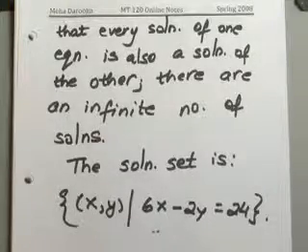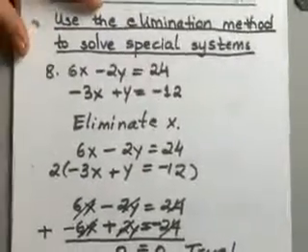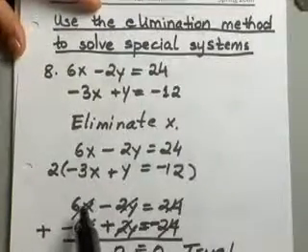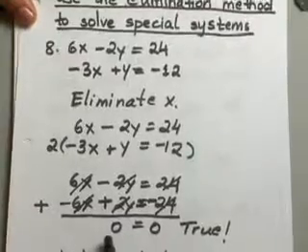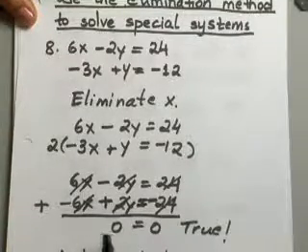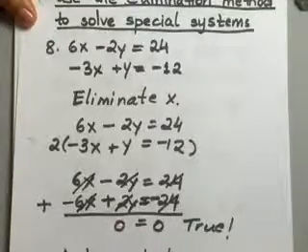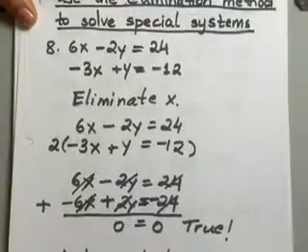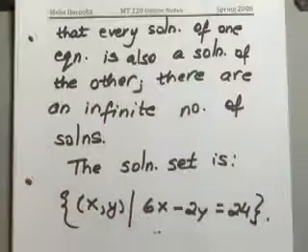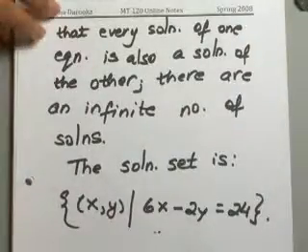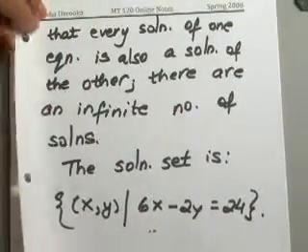The idea is when you use the elimination method and you eliminate one of the variables and you end up with a true statement like 0 equals 0, you have equivalent equations, and that indicates an infinite number of solutions, and then you will have a solution set like this.